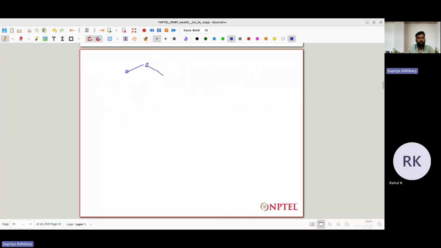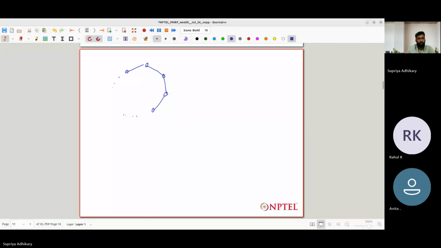A wheel graph has a cycle of size n minus 1 like this, so this is like v1, v2, up to vn minus 1. And in the middle we have vn, the nth node, and each of these nodes is connected with the central vertex like this. So this is a wheel graph.